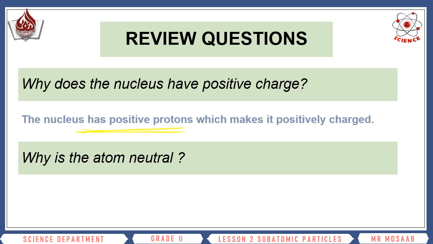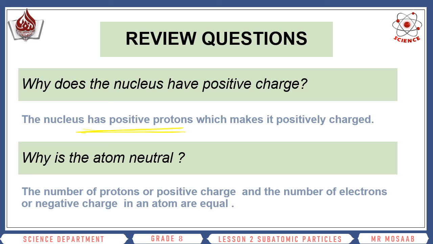Second question, why is the atom neutral? Because the number of protons, or positive charge, is equal to the number of electrons. You can write: positive charge equals negative charge.